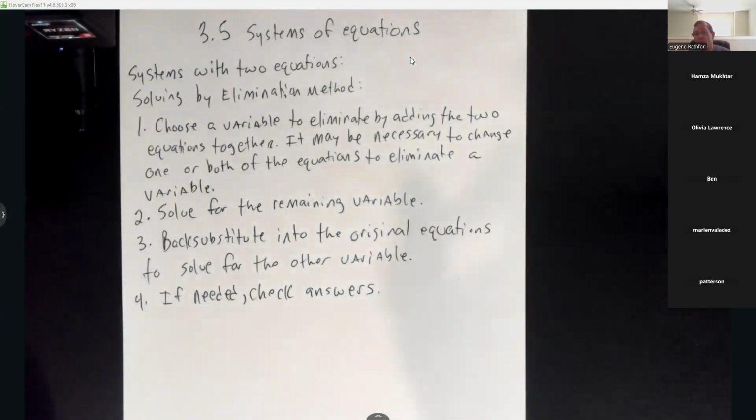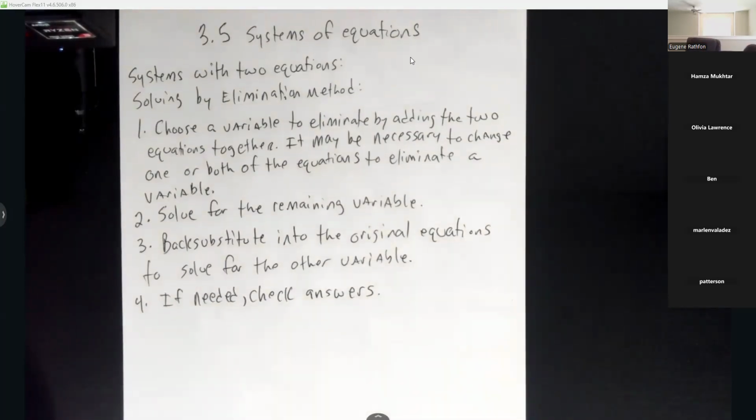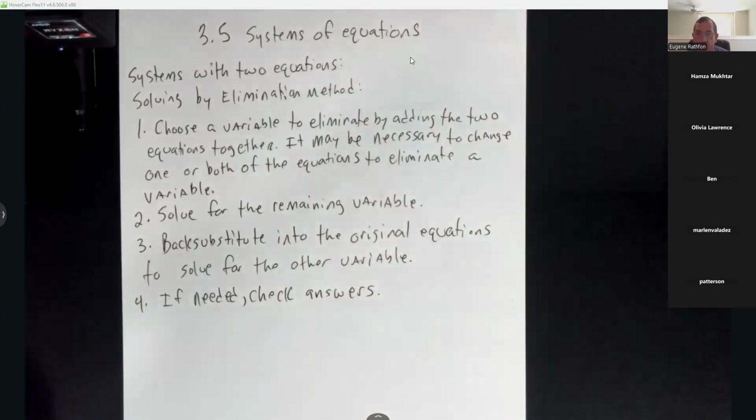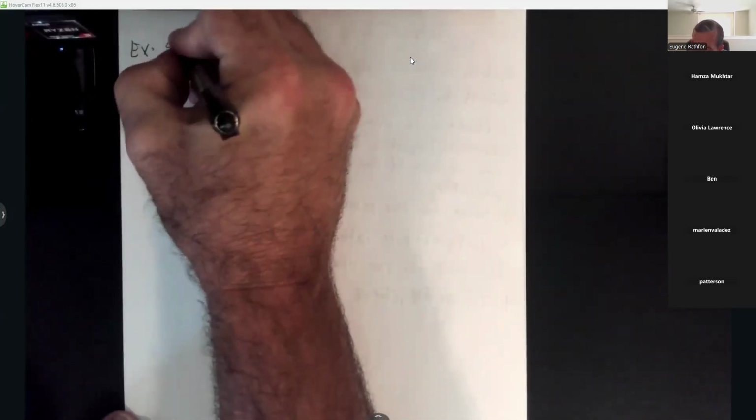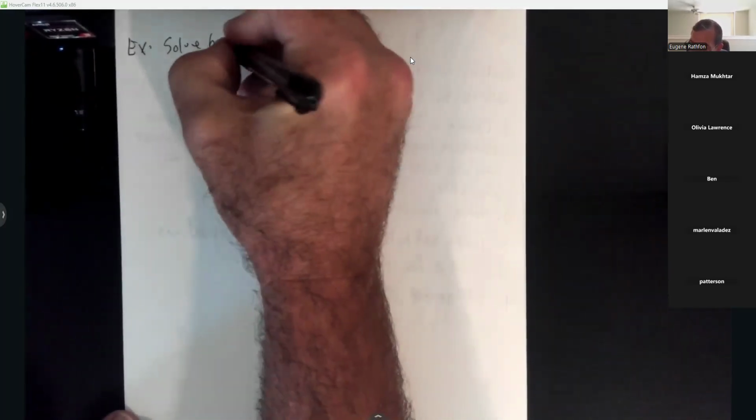And if you get a true statement, then it is a solution, okay? All right, y'all, so let's start with some of these equations with two variables. And y'all, these will say solve by elimination.